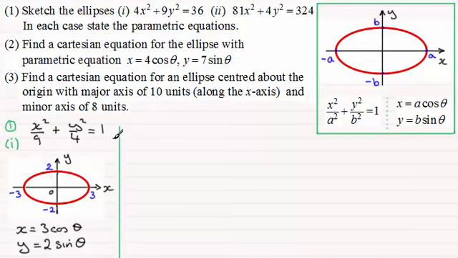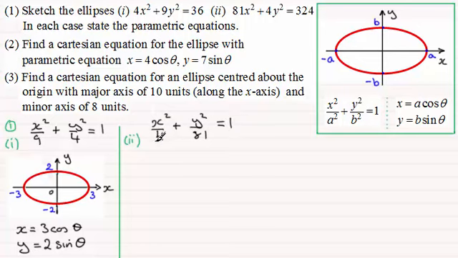Now for the second part, I picked this just because I want to illustrate a further point. Same idea as what we did here. Create 1 here by dividing through by 324. And if you do that, what you're going to get is x squared over 4 plus y squared over 81, and that's going to equal 1.